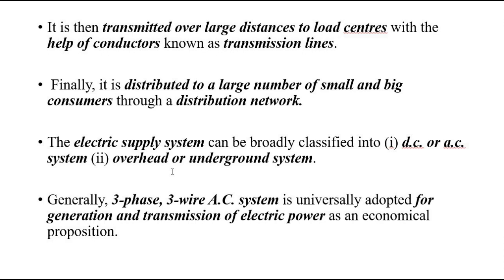If poles, towers and wires hanging in support with them, that is the overhead system, and if the cables are buried underneath inside the surface of the earth, that is the underground system. We'll have a detailed discussion about it in a separate video.